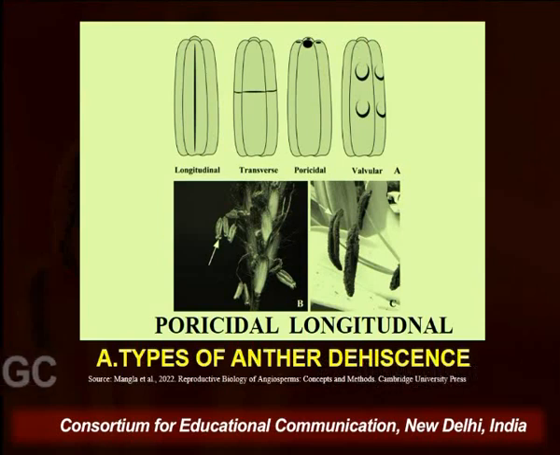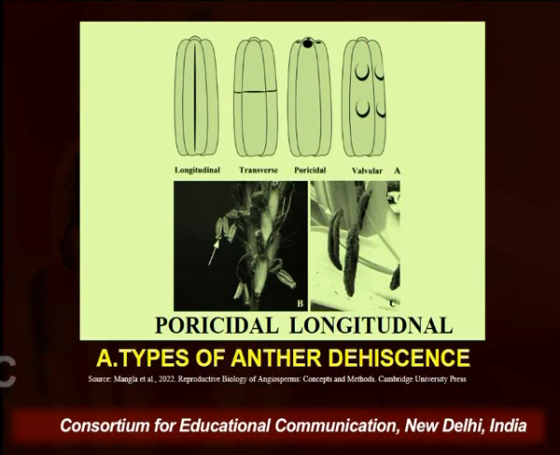The second one is the transverse type of dehiscence. You can see that in the middle of the anther, there is a suture which will split open and liberate the pollen grains. The third one is poricidal, where there is a pore at the top of the anther, and it is through this pore that the pollen grains are liberated.